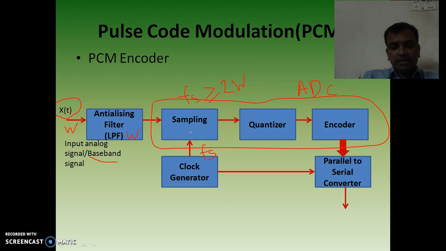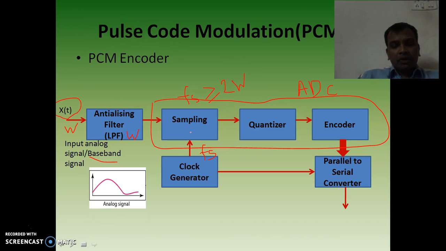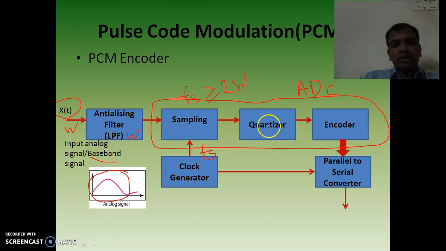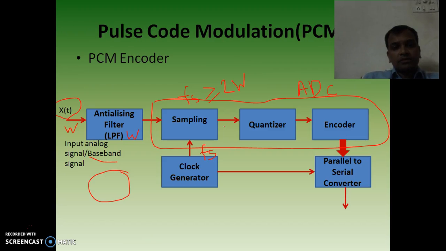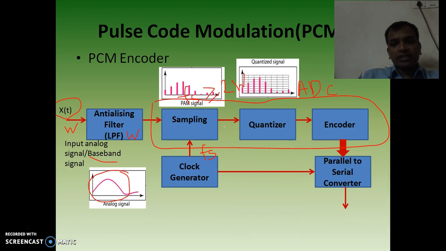Now let us look at these things in the form of waveform. Here you can see the input signal. It could be any continuous time signal. Then it is sampled as shown in the figure, and then it is quantized.